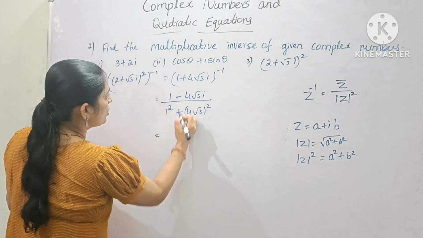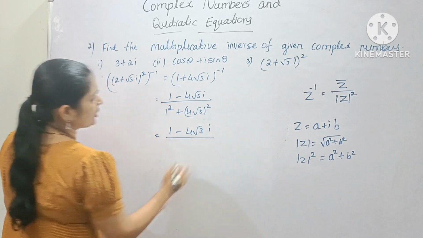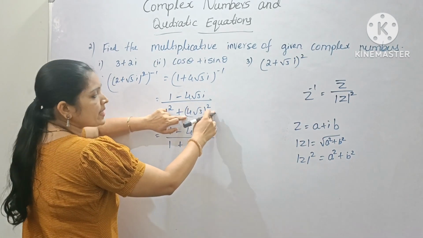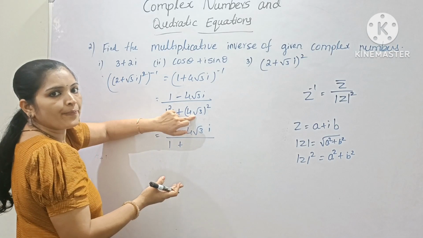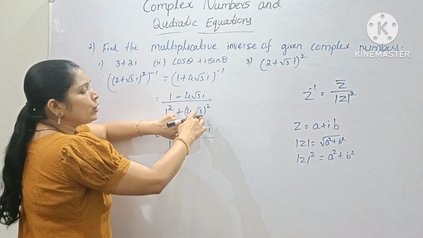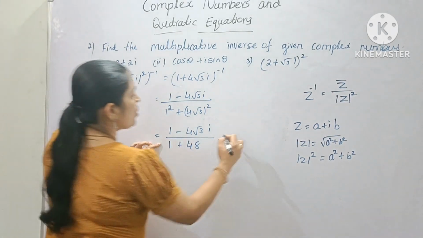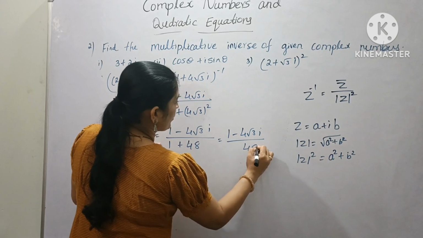That is equal to 1 minus 4 root 3i divided by 1 plus 4 square, which is 16, times root 3 square, which is 3. So 16 into 3 is 48, giving 1 minus 4 root 3i divided by 49.